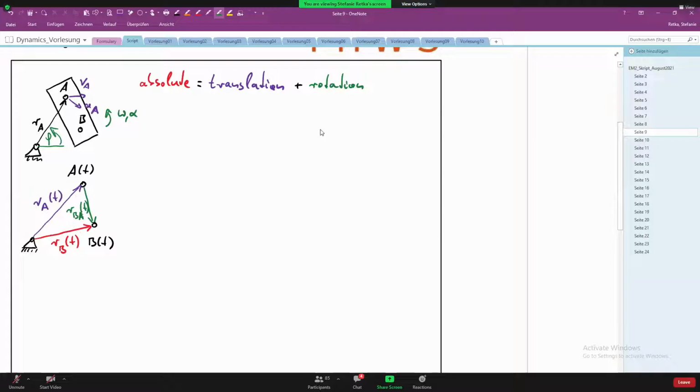R_BA of t. Now, later in time, point A may have moved over there. A at time t plus a little bit later, t plus dt. And if the motion were a pure translation, then point B would be here.